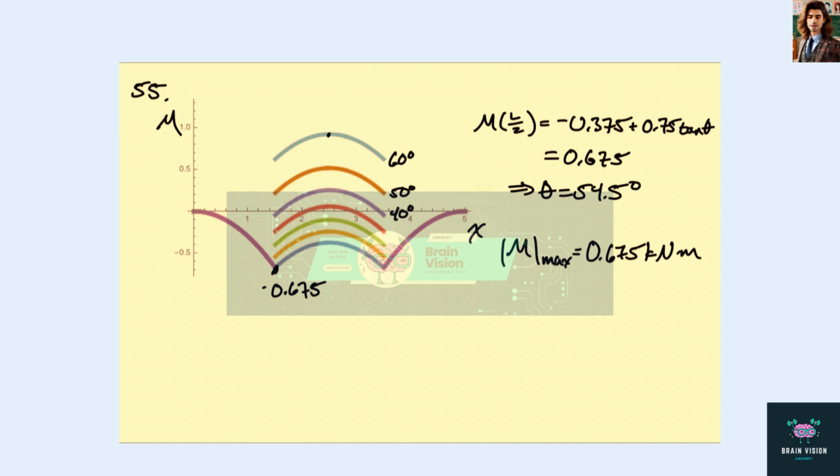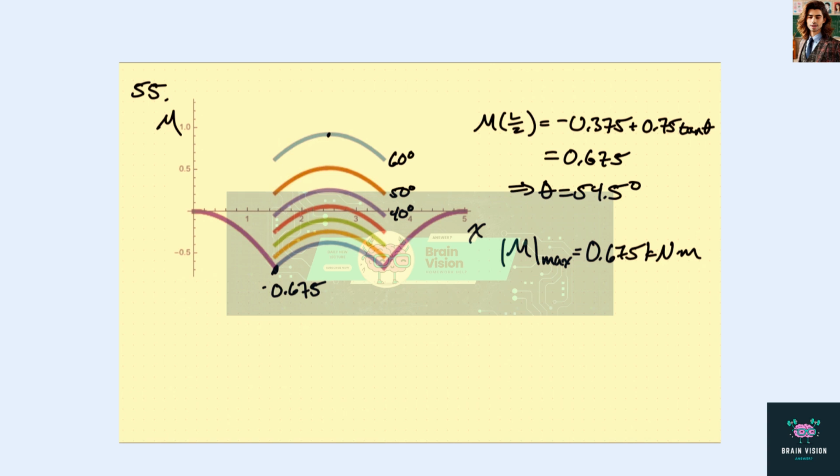We know that this value is going to be minus 0.675 no matter what the angle is, and so we can figure out in this region what curve reaches a maximum here of positive 0.675.